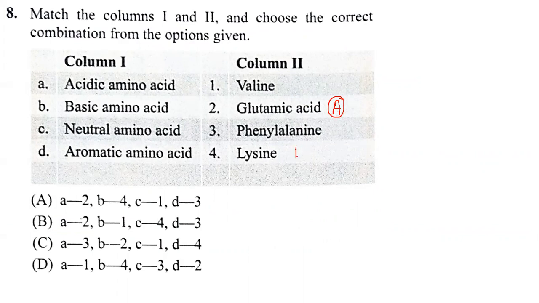The answer is lysine, which matches with option B. Neutral amino acid is valine, having no charge on it. Aromatic amino acid is phenylalanine, which we have studied in our NCERT. So the correct answer is option A: glutamic acid, lysine, valine, and phenylalanine.